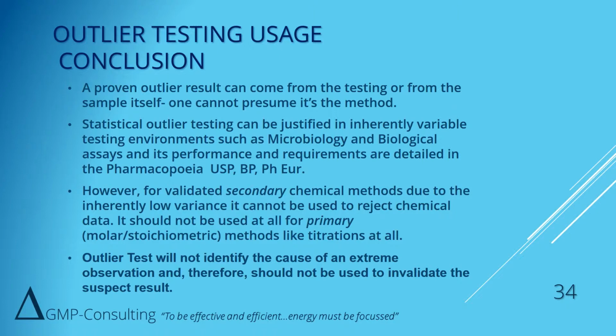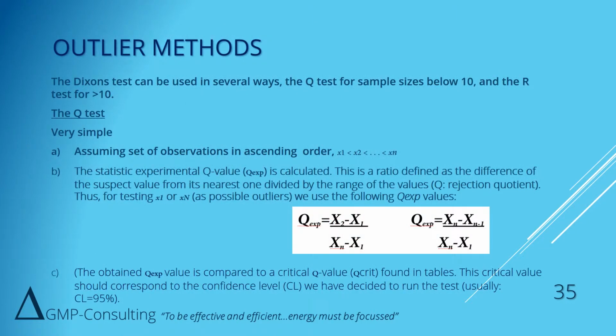There are several outlier tests. There's Dixon's one, and there's one called the Q test for sample sizes below 10. It's actually quite simple. You have your observations, and you put them in ascending order, and the outlier test is basically the difference between the farthest result, the one that you think is the outlier, and its next nearest result, whether it's at the high end of the group of numbers or the low end of the group of numbers.